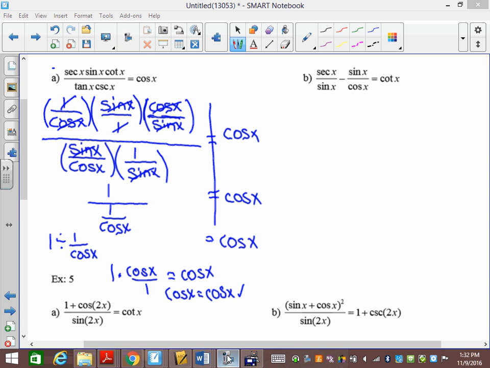B, whenever you have a fraction and it's not completely together, you have two fractions or whatever, I always put them together. So I'm going to times this one by cos x over cos x to get a common denominator. And I'm going to times this one by sine x.